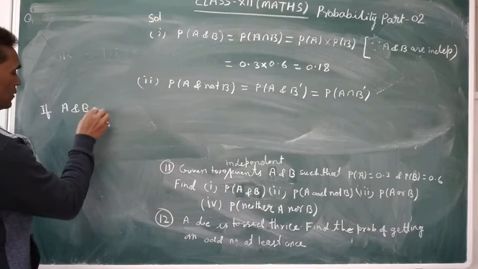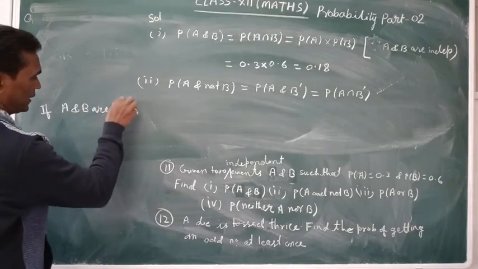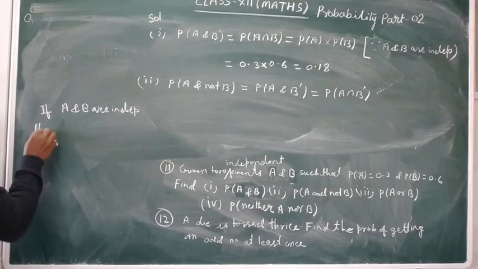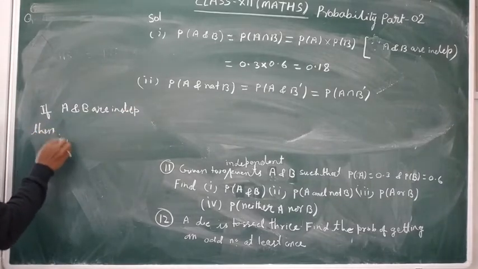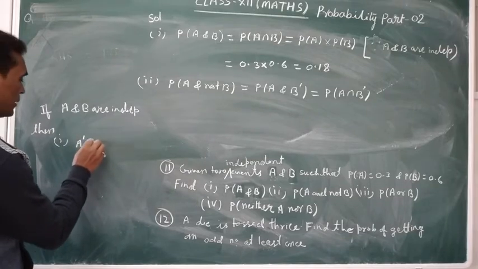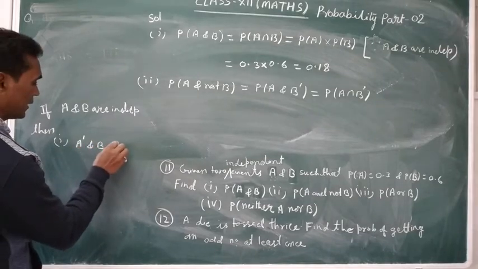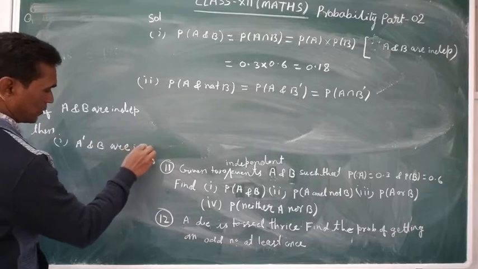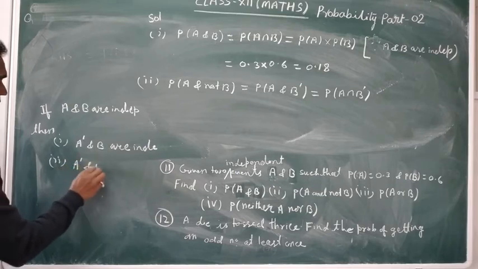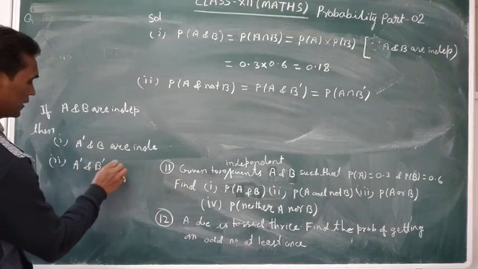So one important note you can write down: if A and B are independent, then first, A dash and B are independent. Second, A dash and B dash are independent.